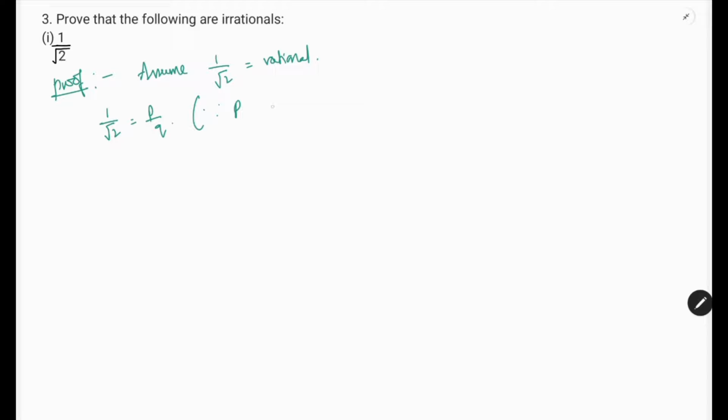Here p and q are integers. So take p by q to the left side, that is q by p. Take 1 by root 2 to the right side. So q by p is equal to root 2.